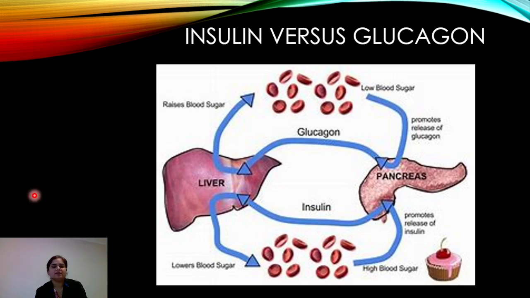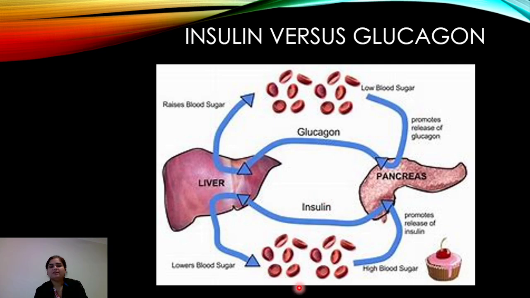When the blood sugar levels are low, our pancreas releases glucagon, which goes to the liver, and the liver releases some glucose into the bloodstream. As you know, the liver has glycogen stores, so that glycogen is converted back into glucose and released into the bloodstream again to keep normal levels.